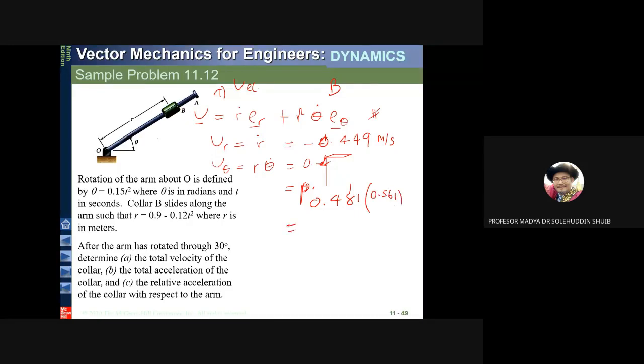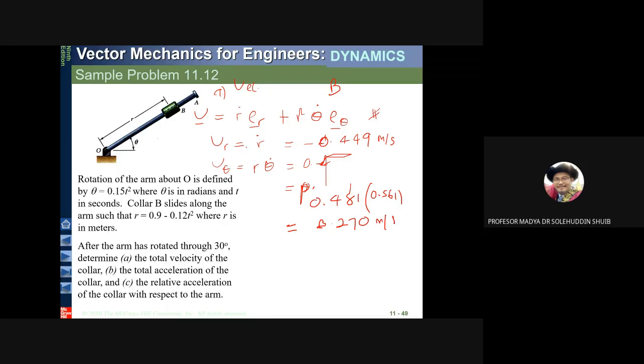So you get the velocity of 0.270 meter per second.